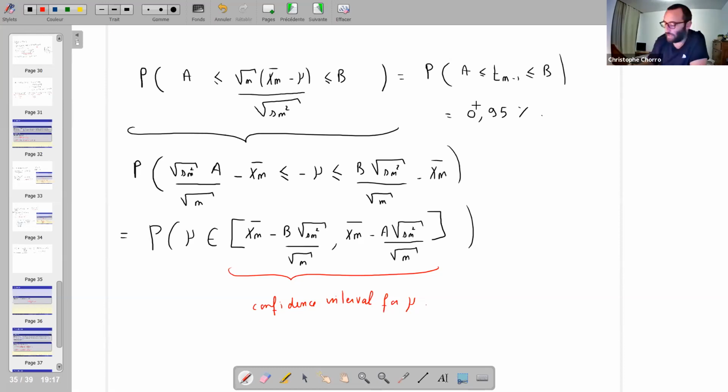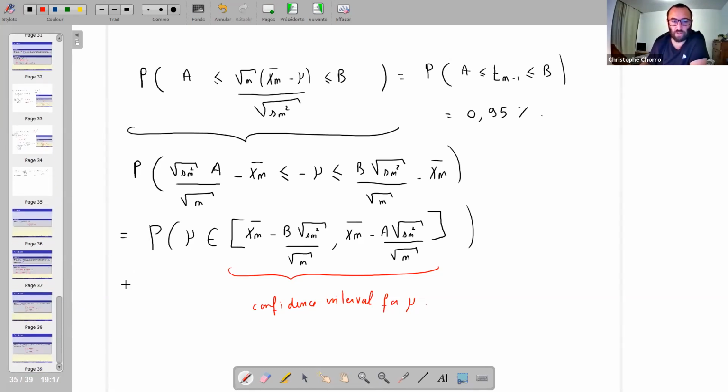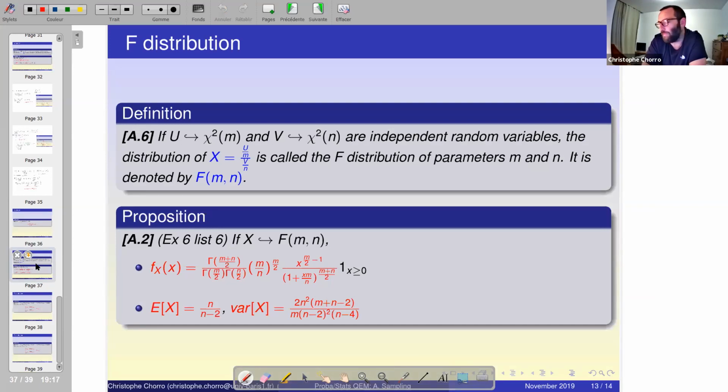Okay, and I will just finish this session with a small remark, because in your homework I have defined the F distribution. So I have defined the F distribution of parameter m and n as what?